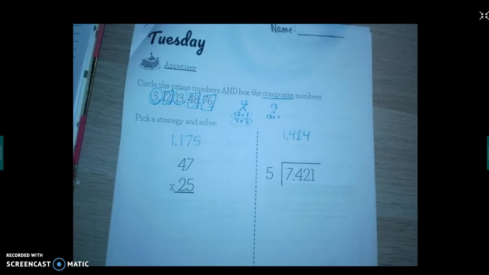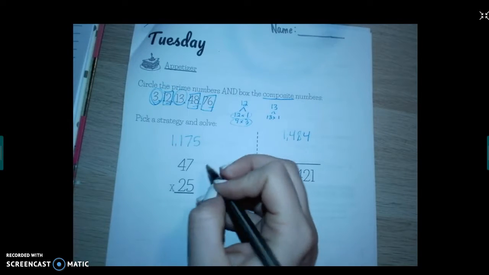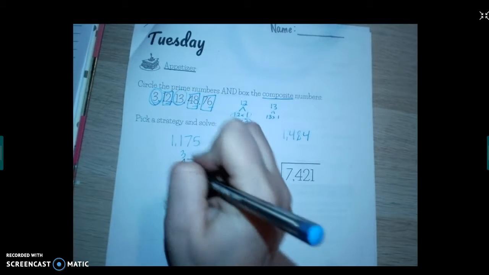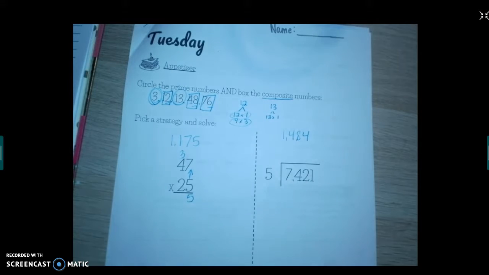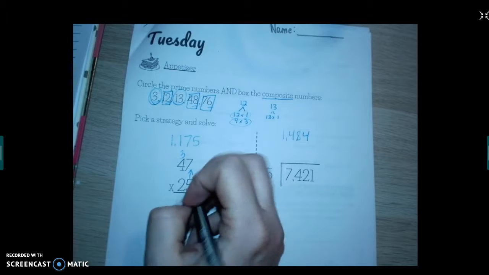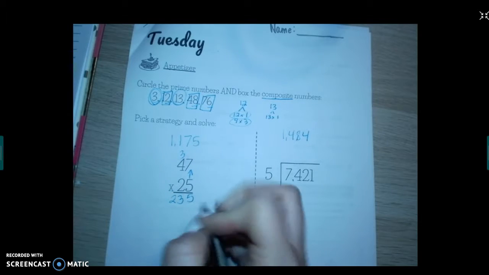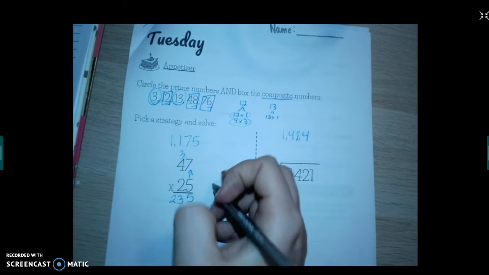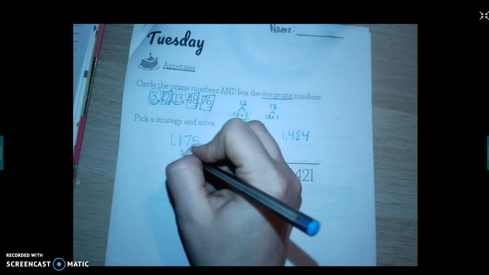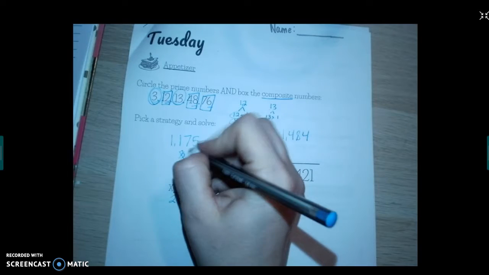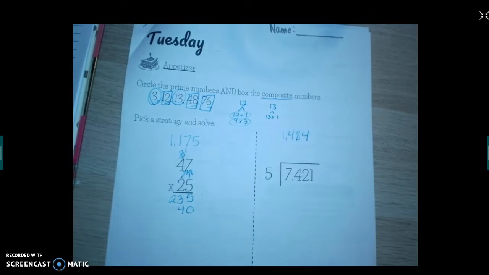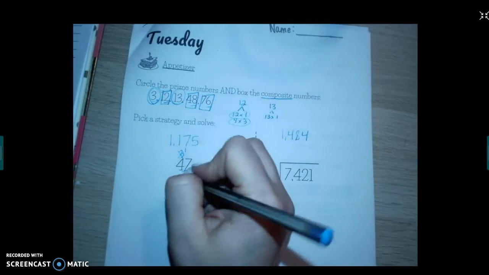All right, here we go. We're going to do the 2 by 2 digit multiplication. 7 times 5 is 35. Carry the 3, put the 5 below. 5 times 4 is 20, plus 3 is 23. Placeholder 0. Then we go across. 2 times 7 is 14. 2 times 4 is 8.